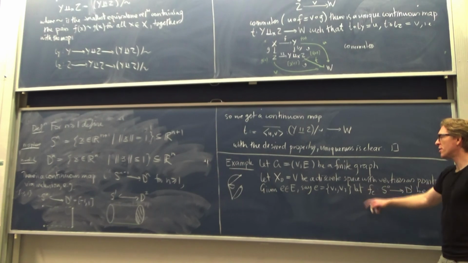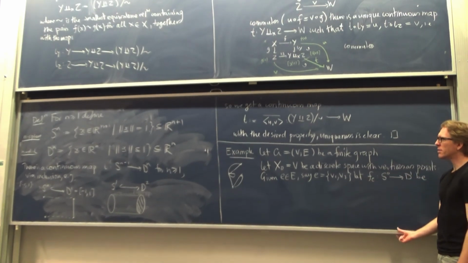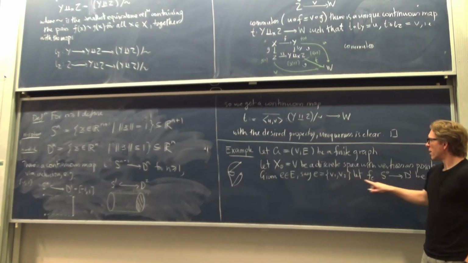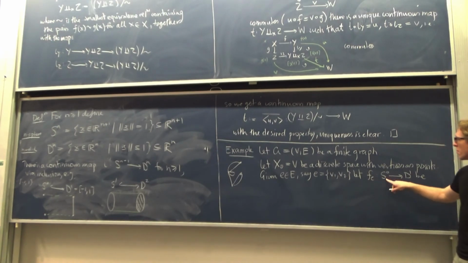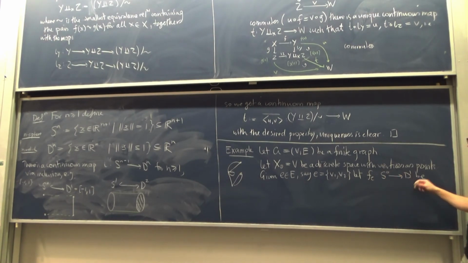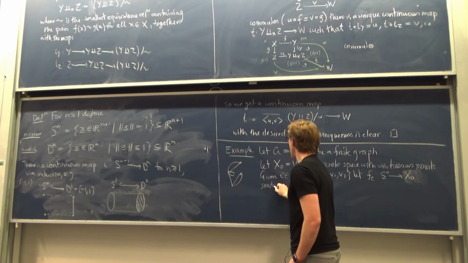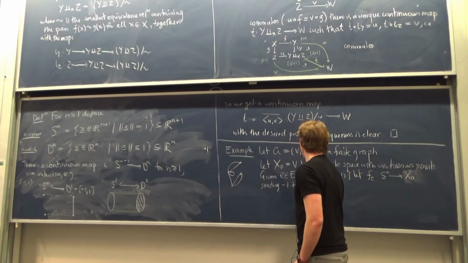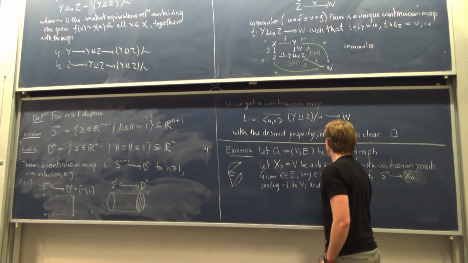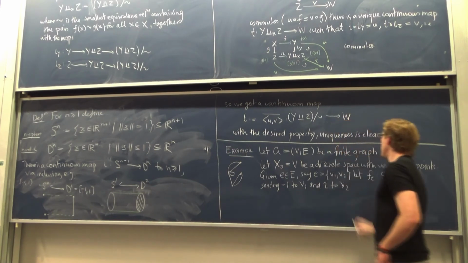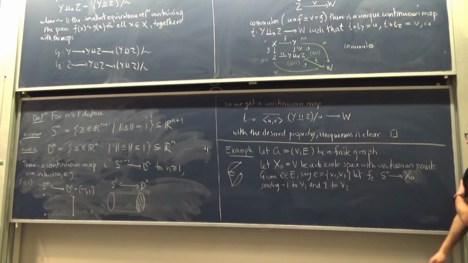So for each edge in my graph, say e, let f_e be the map from S^0 to X^0. What's S^0? It's a pair of points with the subspace topology in R^(n+1), so it's discrete, right?